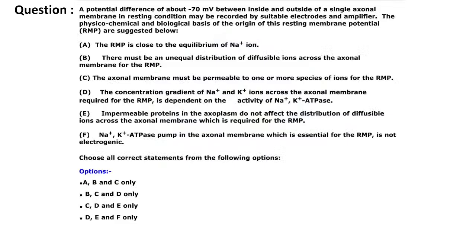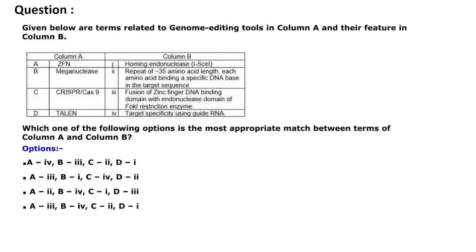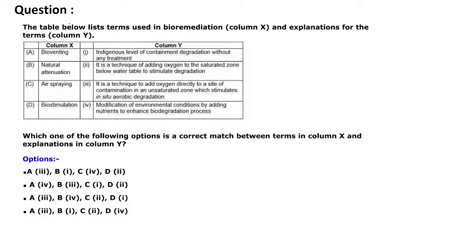Let's do one more question. Okay, give it a try, everyone. The table shows the terms used in bioremediation. So you have bioventing, natural attenuation, air spraying, and biostimulation. Four options, and four explanations of these terms.